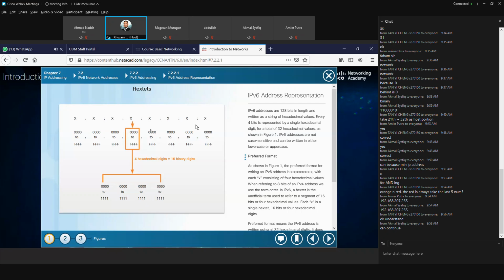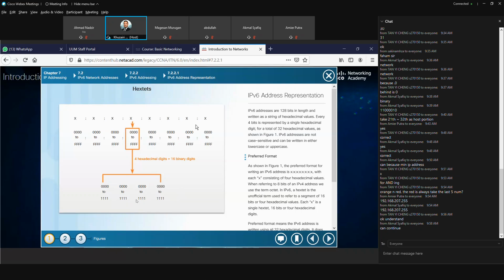For example, 1 digit here will represent 1 hexadecimal. So 1 hexadecimal, you will have 4 digits of binary. All together you have 16 digits of binary, starting from 0000 to all 1.